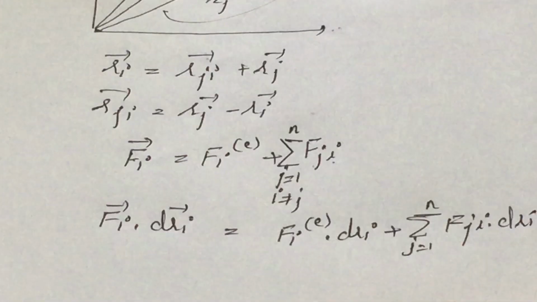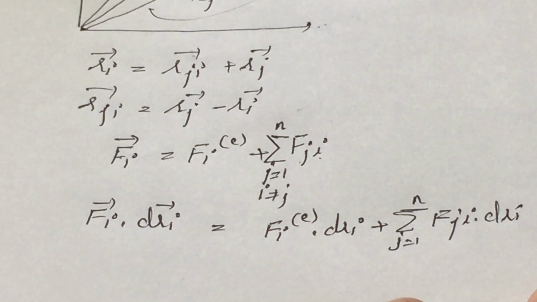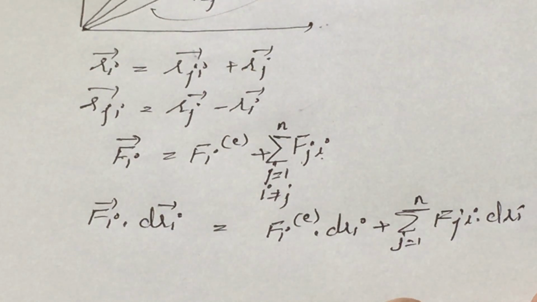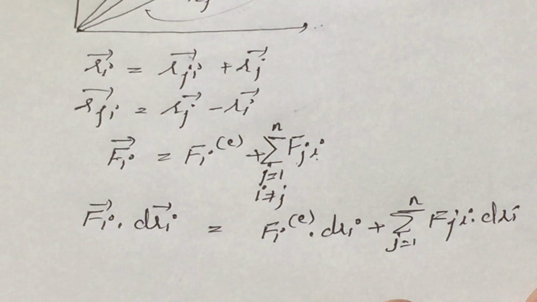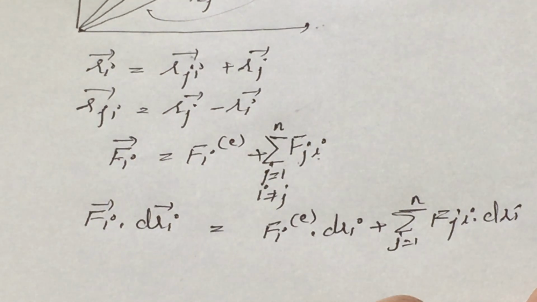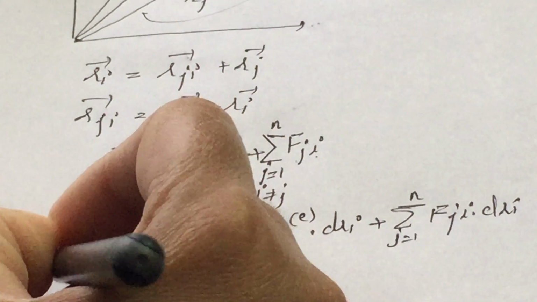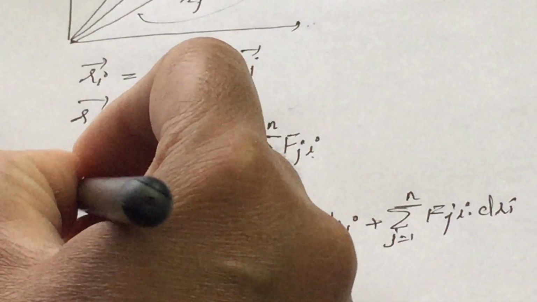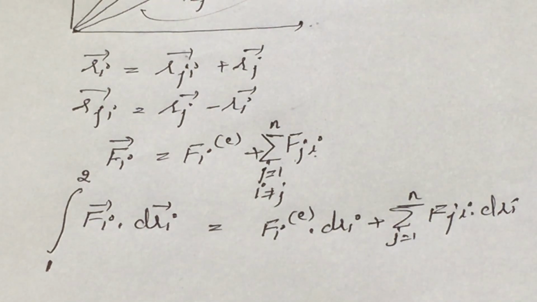We are not talking about the small work done. We want to shift the whole system from position 1 to 2. If the whole system is shifting from position 1 to 2, it means the ith particle is also shifting from position 1 to 2, that is the initial position, to the final position. To find the total work done, we have to shift the particle from position 1 to 2.